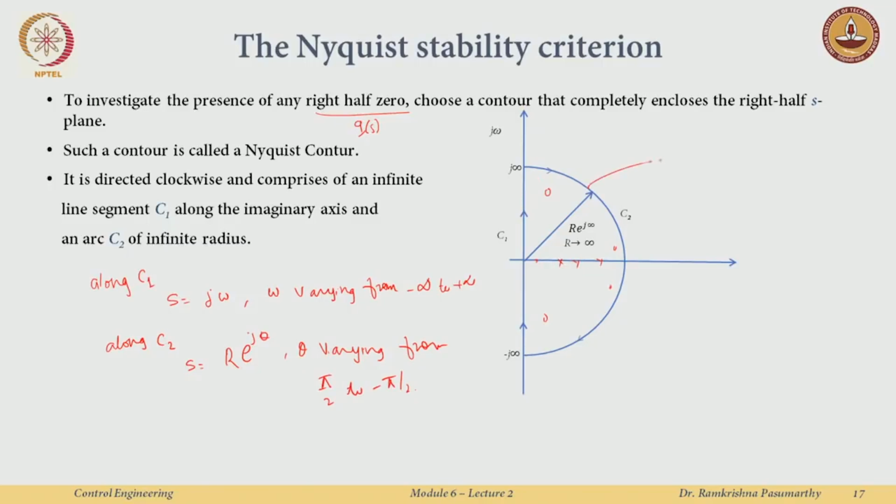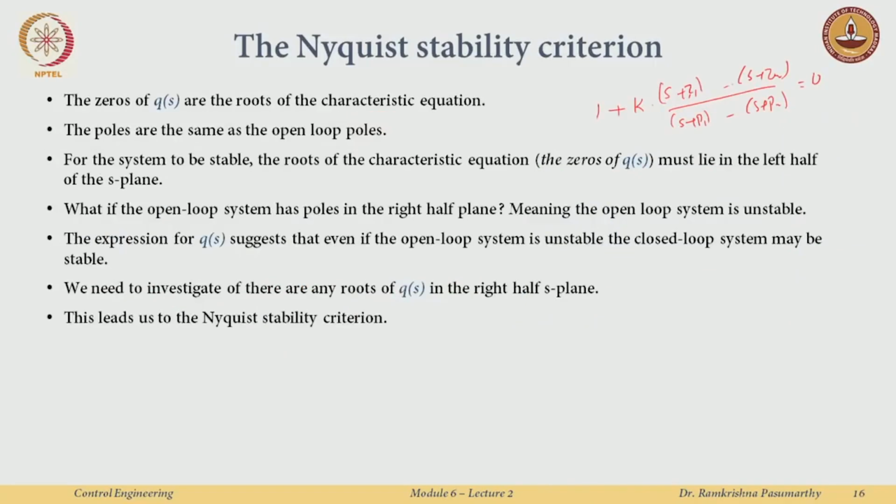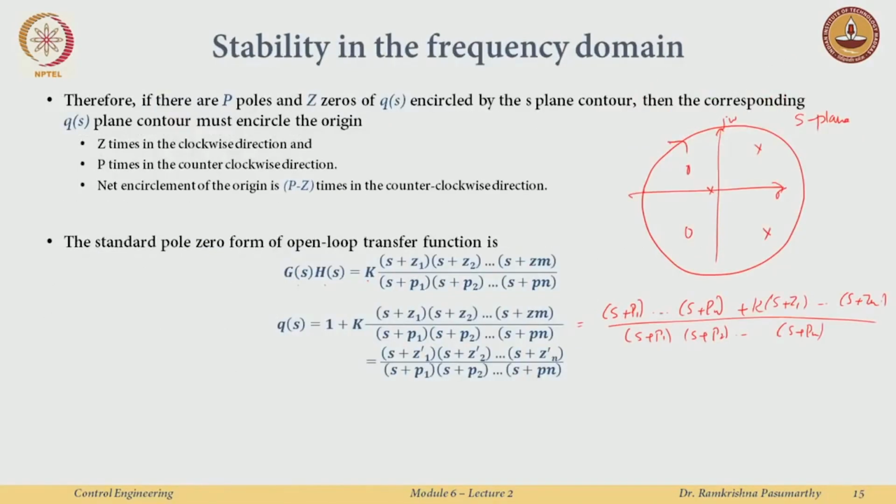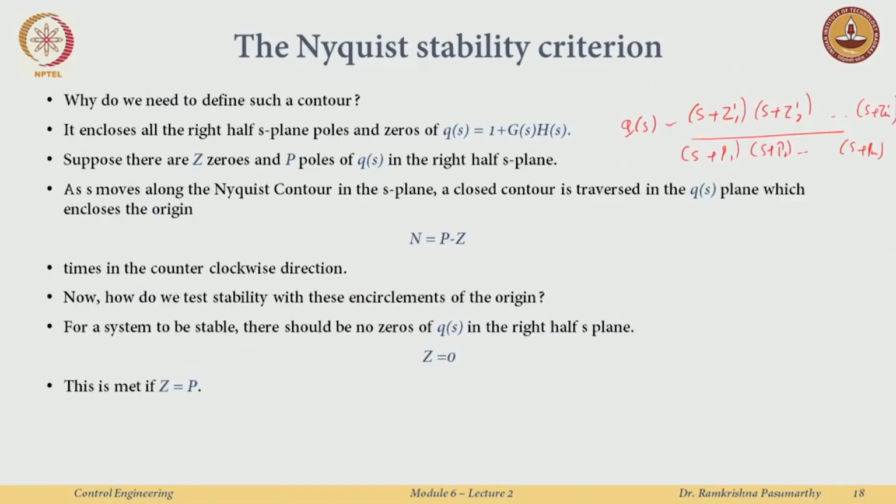If I map this contour from the S plane to the Q(S) plane, it will encircle the origin, as I learned from the previous slides on encirclement of the origin. So, as S moves along the Nyquist contour in the S plane, a closed contour is traversed in the Q(S) plane which encircles the origin P minus Z times in the counterclockwise direction.